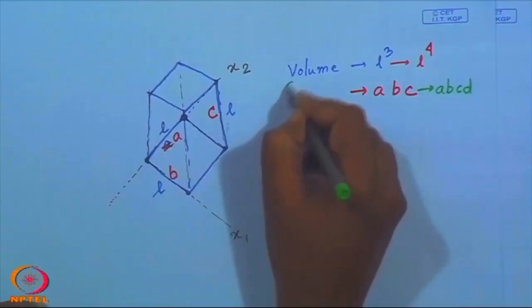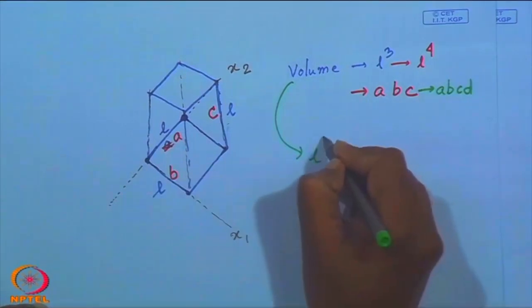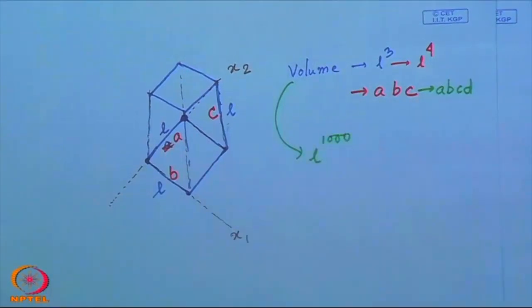And this concept I can go on extending to multiple dimensions. So, if I have a feature space of dimension, say, 1000, the volume of a hypercube in a 1000-dimensional space will be given by L to the power 1000, as 1000 is the dimension of the space.